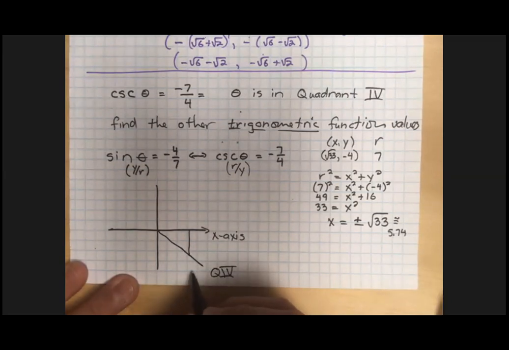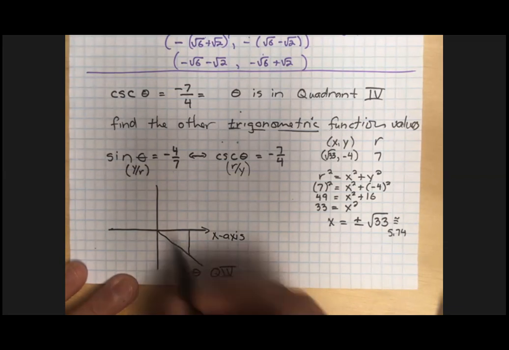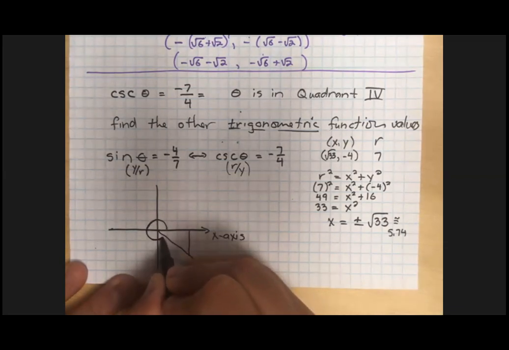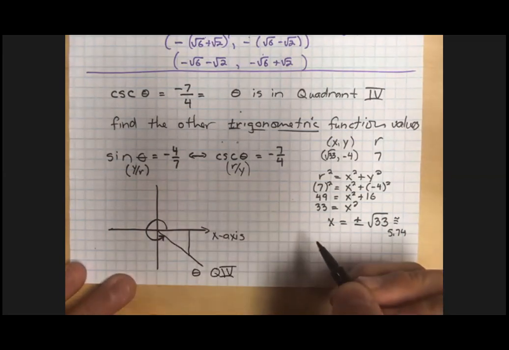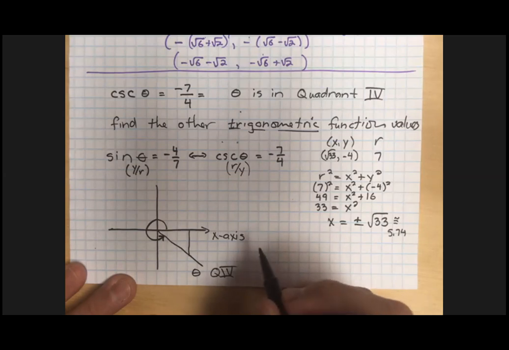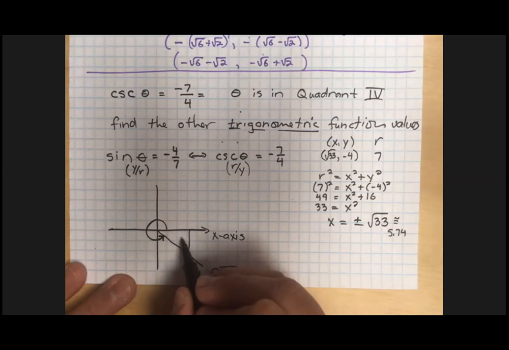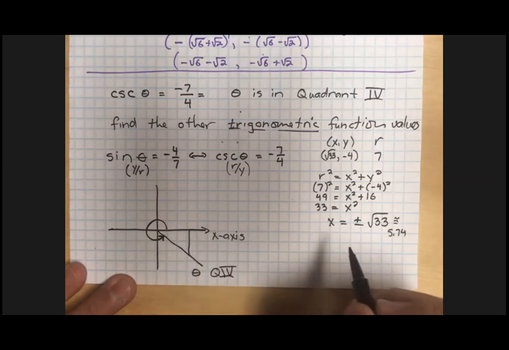So here's the angle theta. I don't know how many degrees that is, but it's over here in quadrant 4. Let me introduce this word to you, reference triangle. This triangle I'm drawing is called the reference triangle.